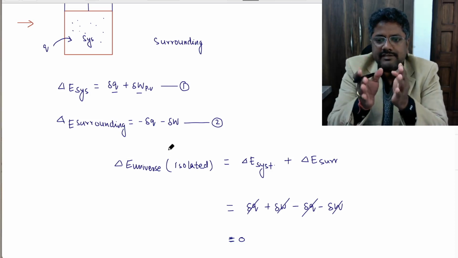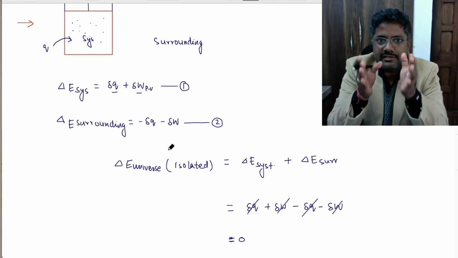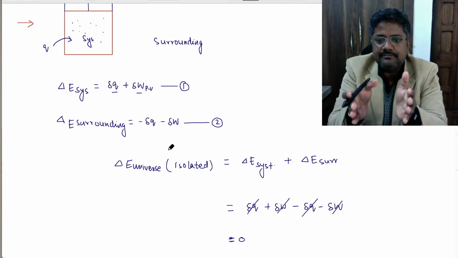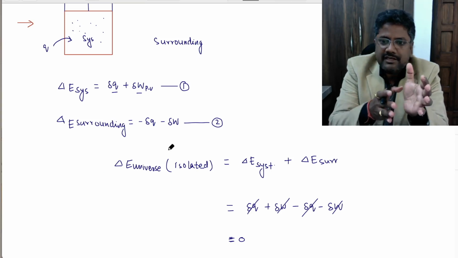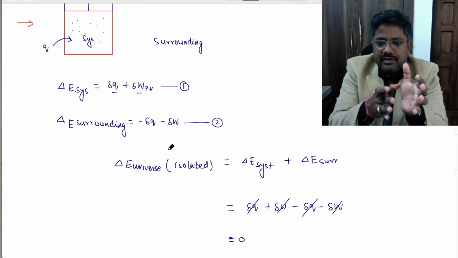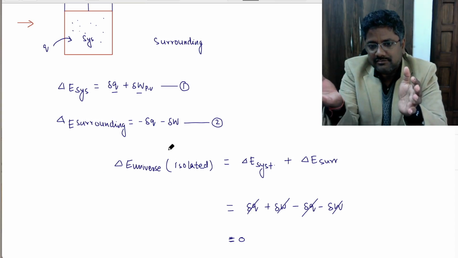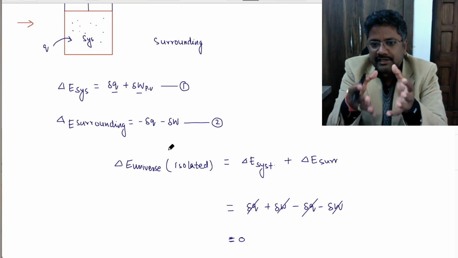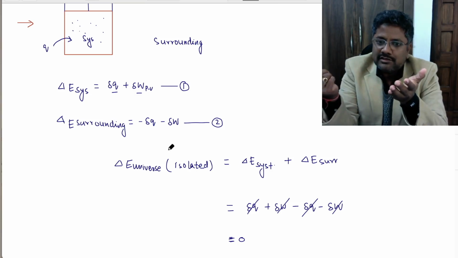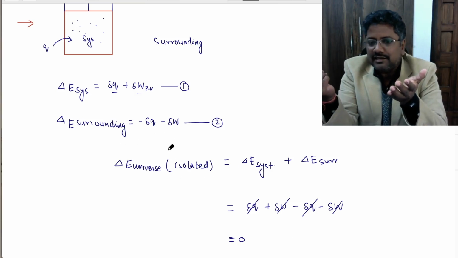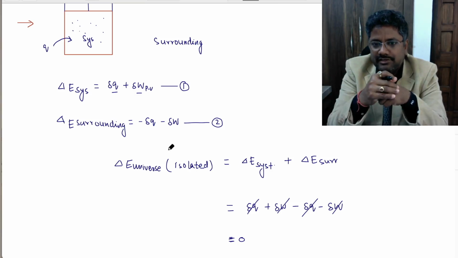Imagine you are demonstrating some process in a system. Suppose the energy of the system increases by E unit, so there is a subsequent decrease in the energy of the surrounding by E unit.